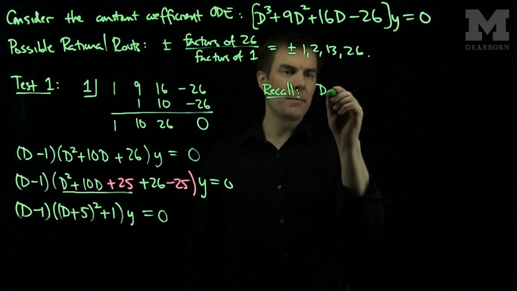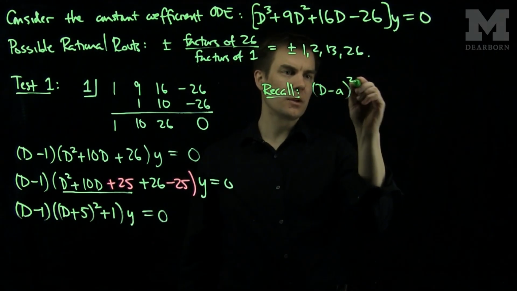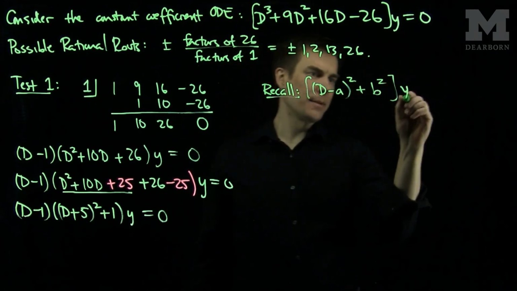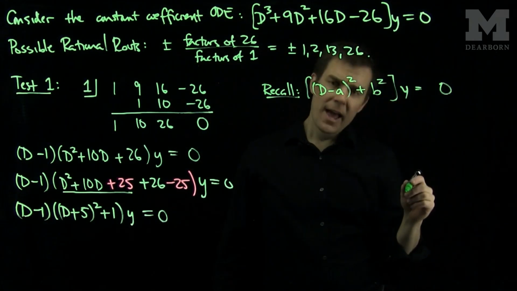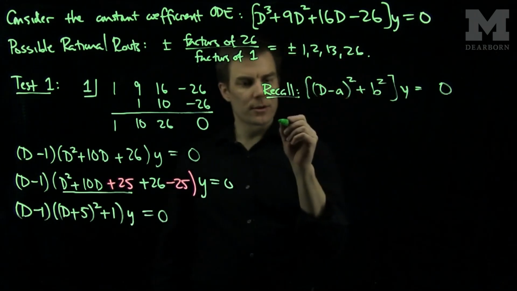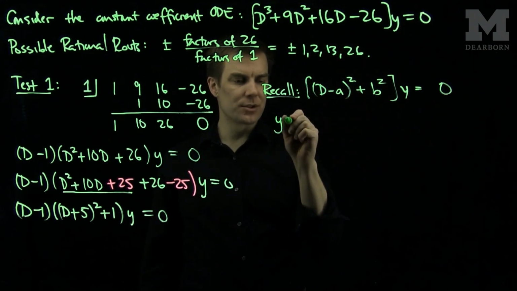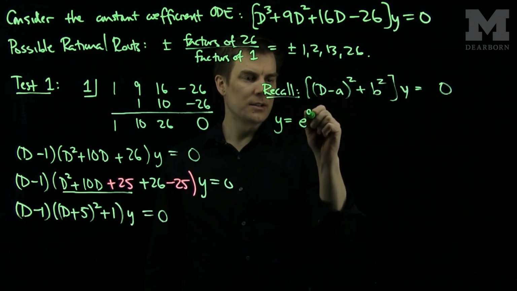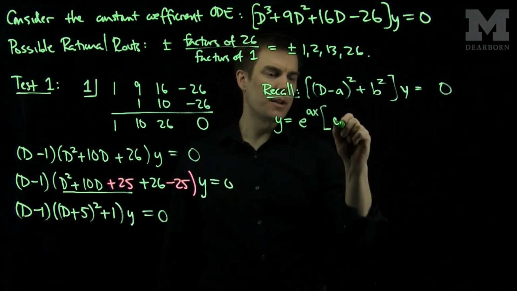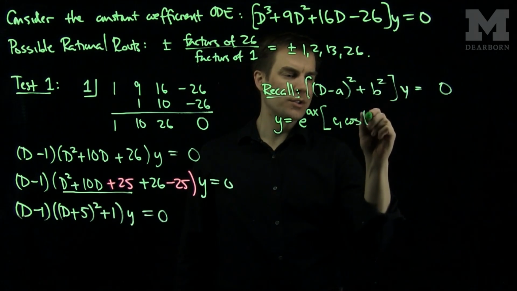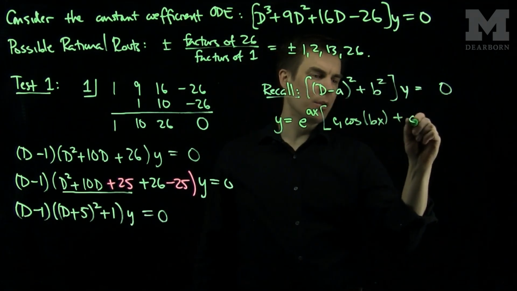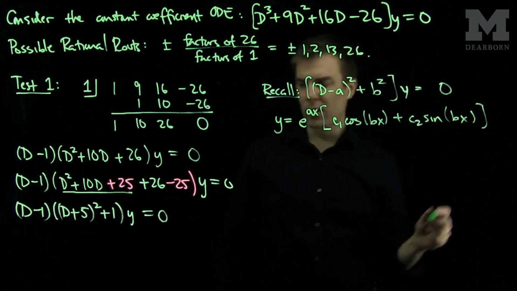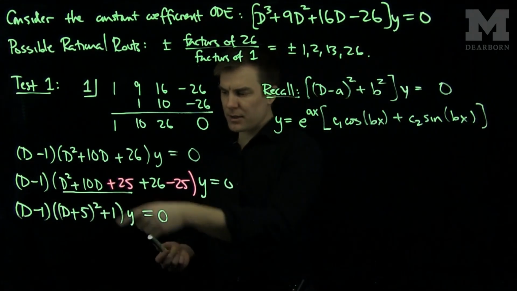Recall that D minus a squared plus b squared applied to y equals 0 has the following trigonometric functions times exponentials as the solution. The solution to this will be y equals e to the ax and then c1 cosine of bx plus c2 sine of bx.